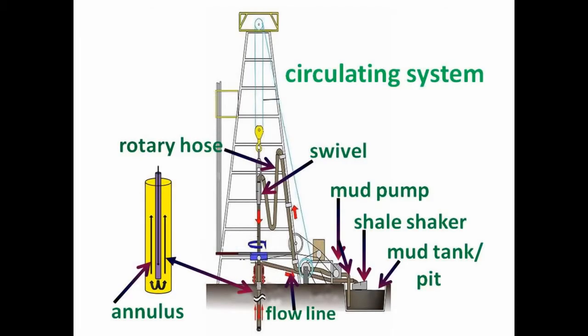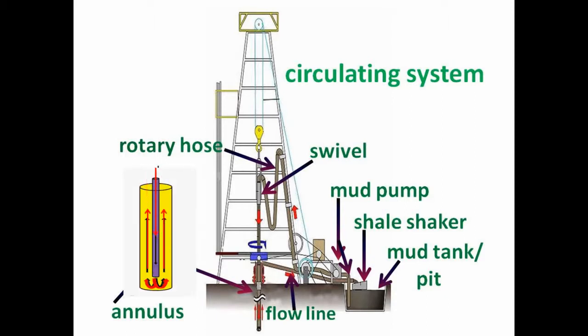The circulation system consists of a circulating fluid, usually referred to as mud, the mud pit, the mud pump, the rotary hose, the swivel, the flow line, the shale shaker, and other filtration devices.